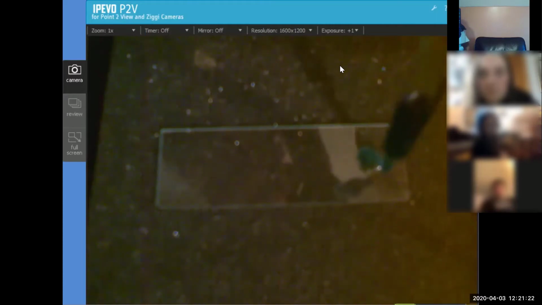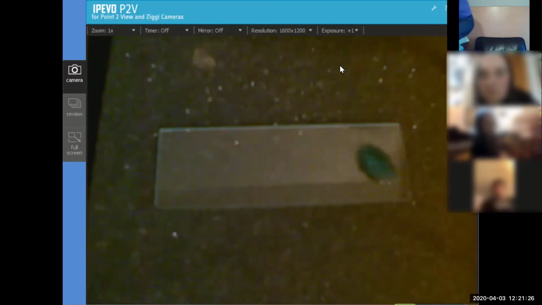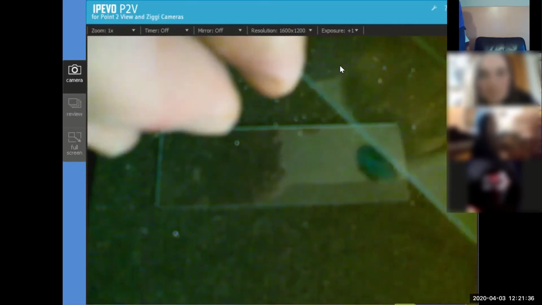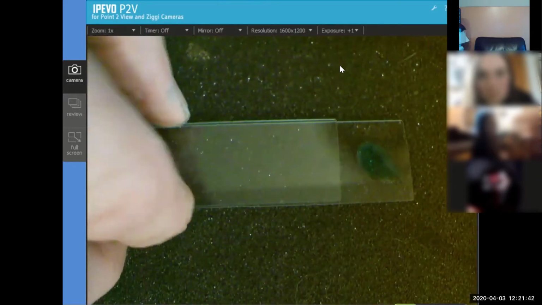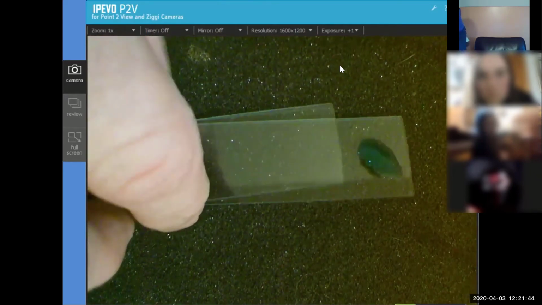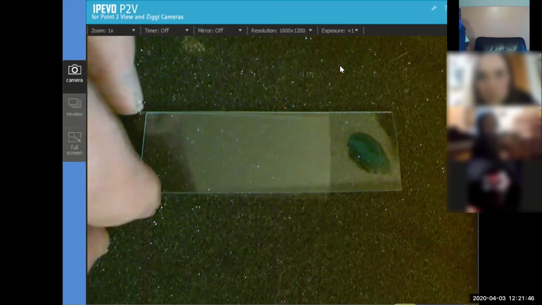I'll make it 2 drops of water right there at the end. Now, what I'm going to do is take this other microscope slide and put it on top, and watch what happens as soon as I touch the slide to it.